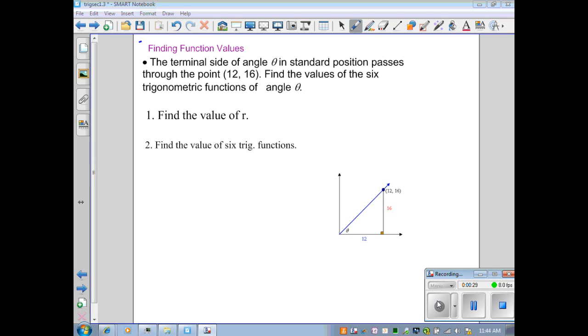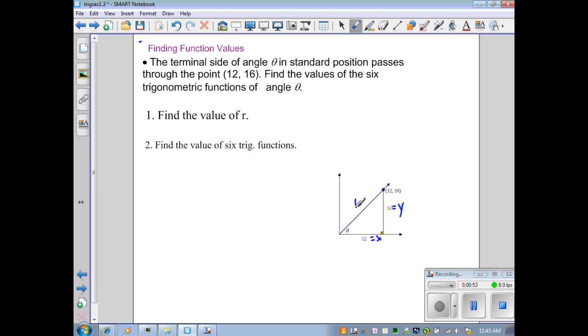Therefore, from that point, I know that my x value is 12, and my y value is 16. Also, from the diagram, it illustrates that I'm given a right triangle. Therefore, all I need to really do is use the Pythagorean theorem, or the distance formula, to find the distance from the origin to the point (12, 16). So let's use the Pythagorean theorem.